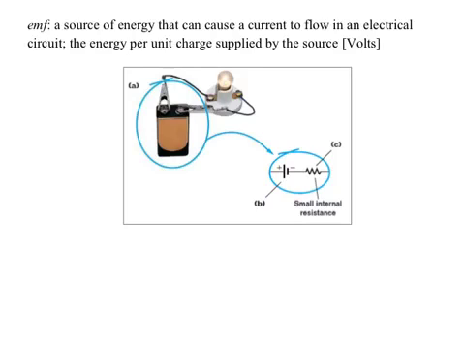The EMF is what really supplies the movement, and the battery has an internal resistance in it. Since there's a small internal resistance in the actual battery, the terminal voltage, the actual voltage supplied, is a little bit less than what it's rated as. And this is because of this small resistance.